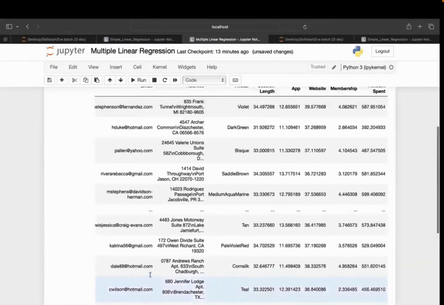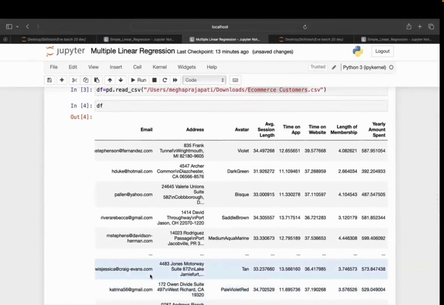So as you can see, if you slightly go up and see your data set, we have email, we have address. Okay. We have avatar, that is nothing but you can say the name of the address. Okay. Now average session length. This average session length is trying to tell you that once you go to meet people in the store, how many minutes you are consuming, or how many minutes of session you are having with the stylist.